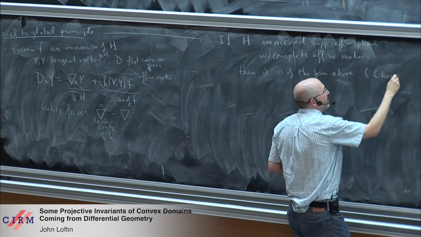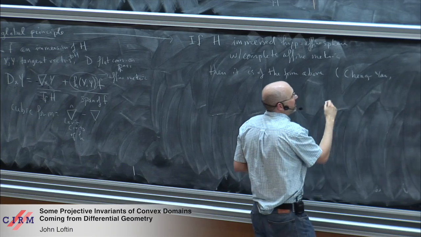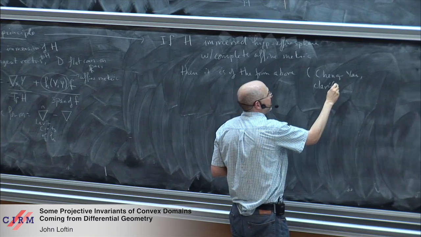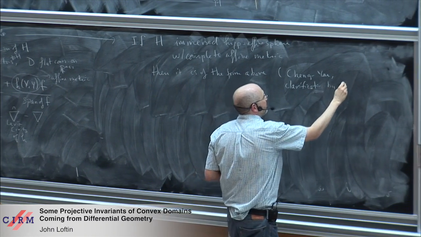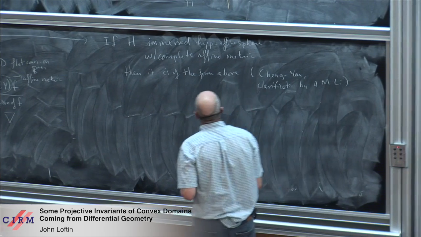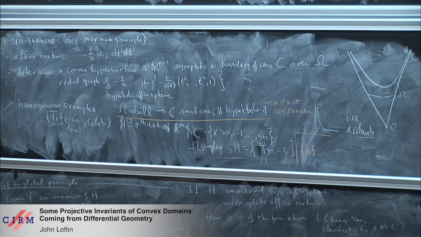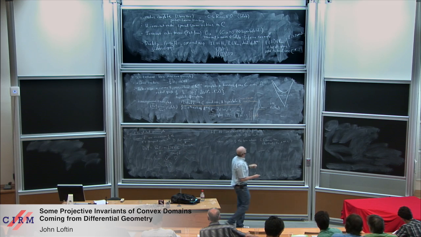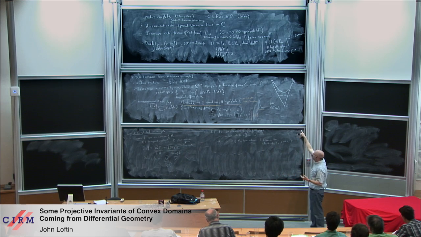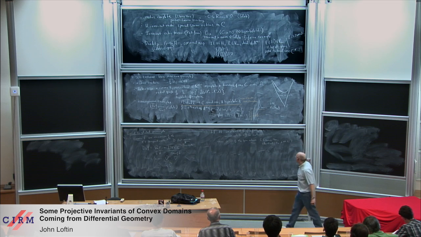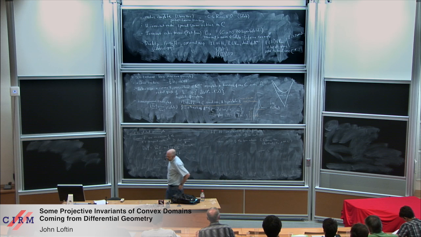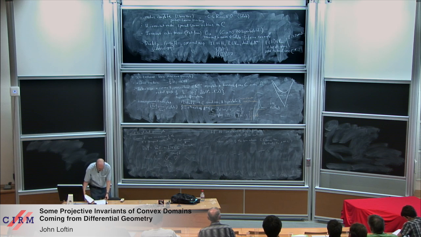This is basically due to Cheng-Yau, with some clarification by An-Min Li. Of the form above means that it is properly embedded, and it's also asymptotic to the boundary of a cone. The way I've defined things, I'm normalizing it so that what you call the center is always going to be 0, and there's some other normalization. But that's the basic theorem. Okay?